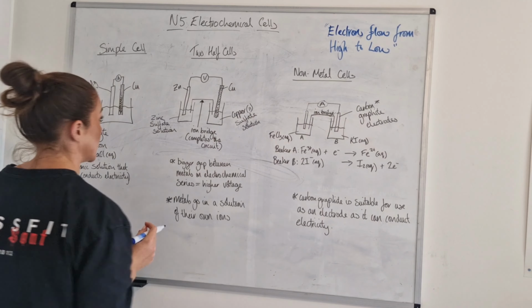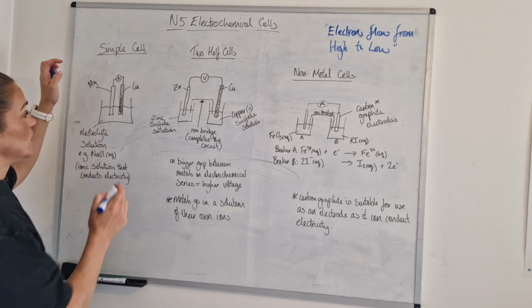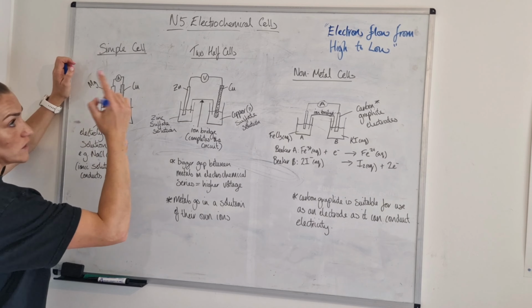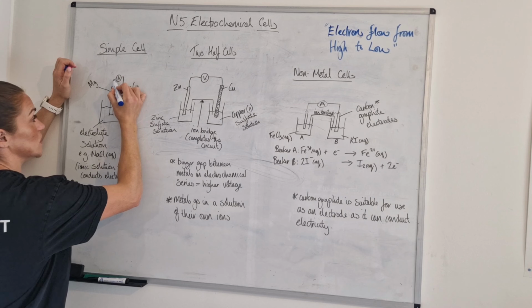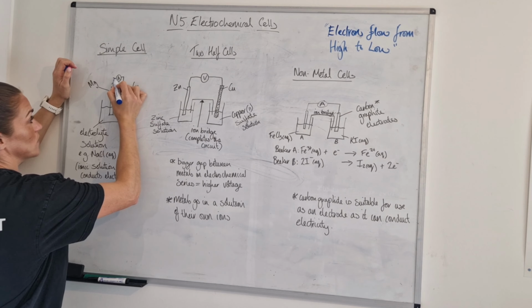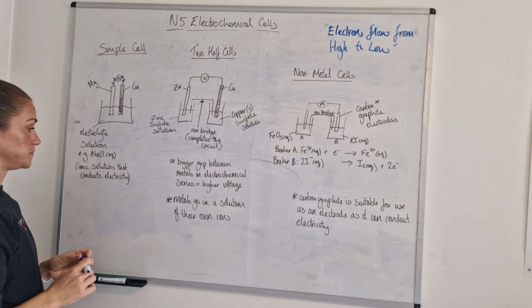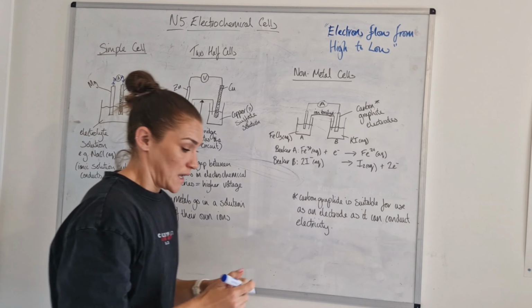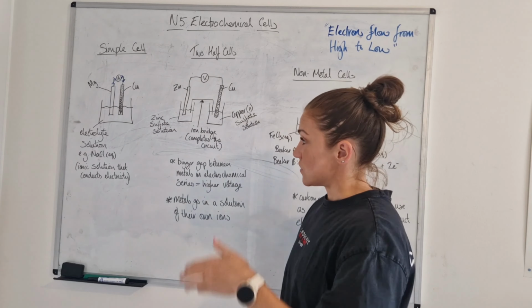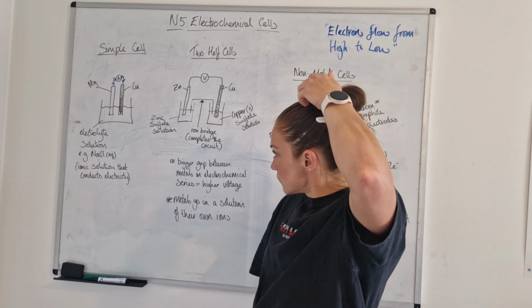So what you need to do in that case is on the wires draw arrows going from the metal that's higher in the series to the metal lower in the series. So in this case I'd be drawing them going from magnesium in the direction of copper. Okay, and that's essentially it for the simple cell.